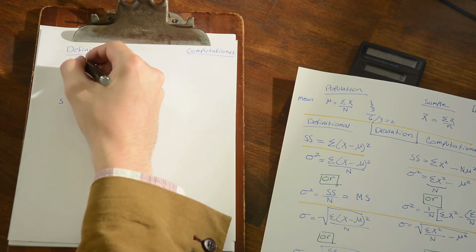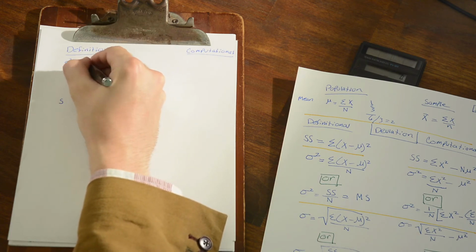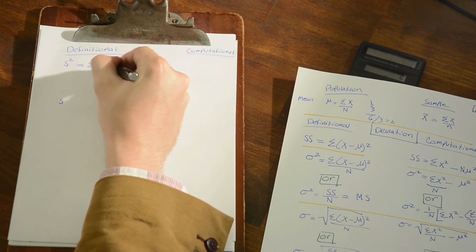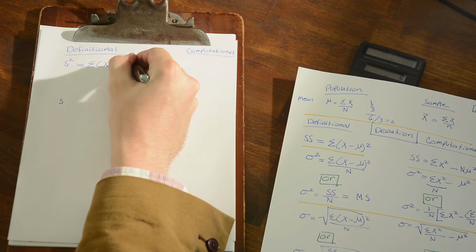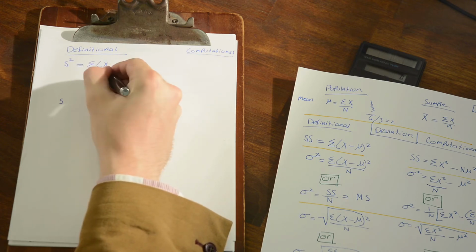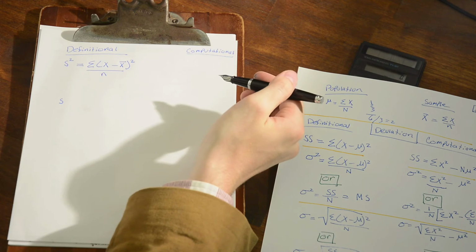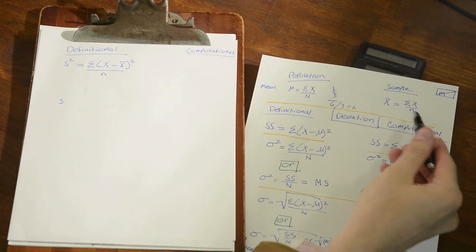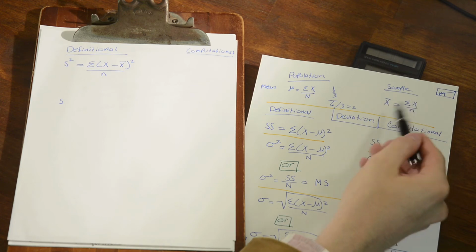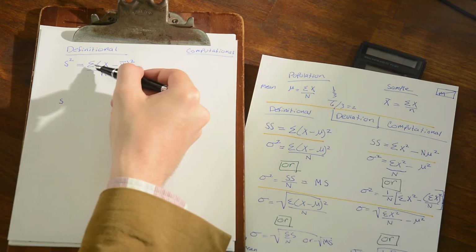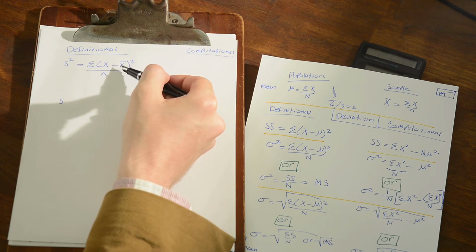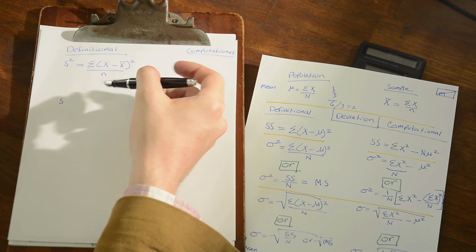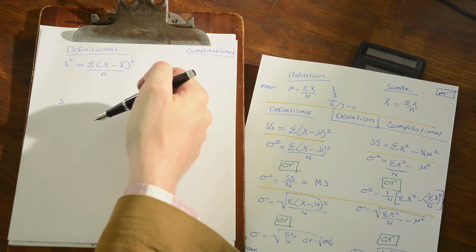So, where do we go? First, we start with the variance is equal to the sum of x minus x bar squared, and all of this is over n. So as you'll remember from when we talked about our sample with our computation for the mean, we're using x bar instead of mu, and we're using a lowercase n. These both denote that we're dealing with a sample statistic instead of a population parameter.